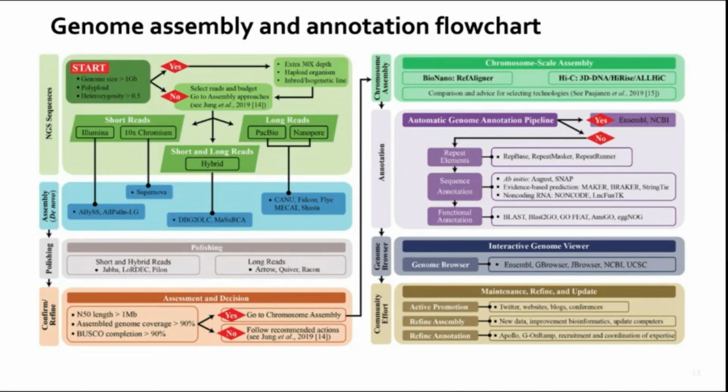level assembly. Once the scaffold is polished again by different kinds of reads, in the scaffold itself we will get Ns. N means the gaps. To fill those gaps, we have to polish again. After polishing, we may get the chromosomal level assembly.